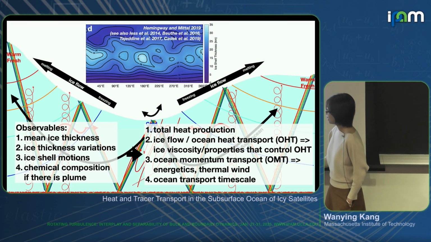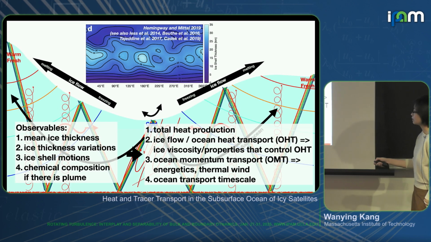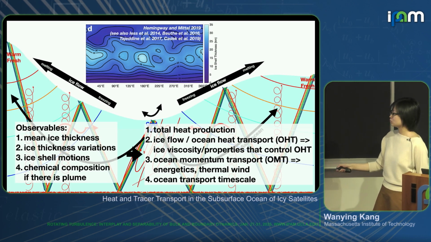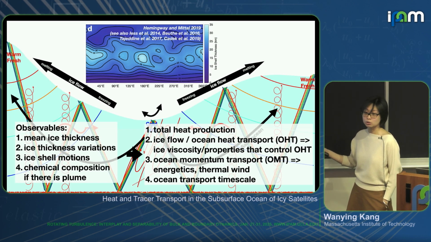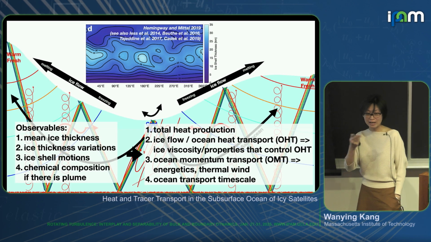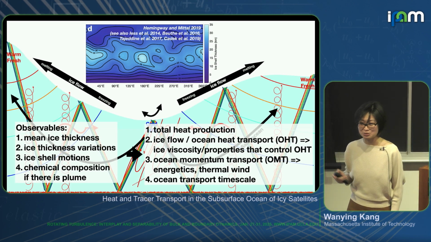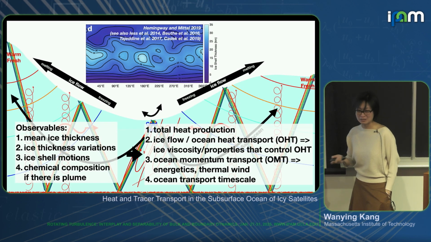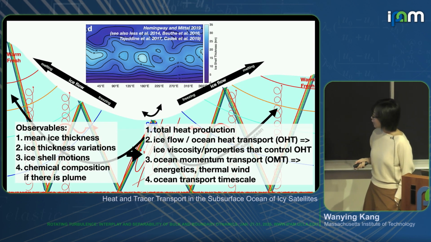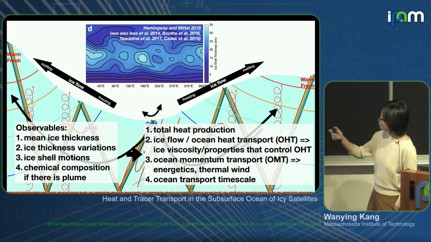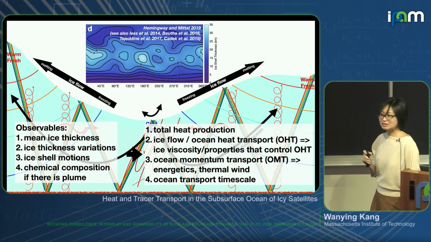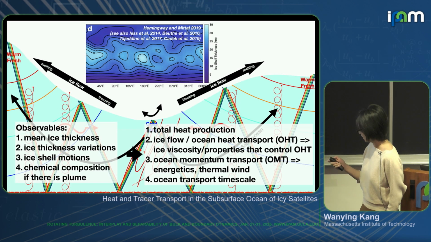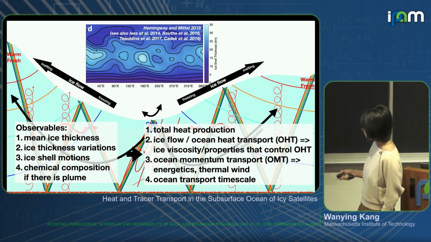Okay, and finally we have the chemical composition, and as I just said, it will turn into some constraints on the ocean transport timescale. But we have to rely on colleagues in chemistry to do that conversion for us, because I don't know anything about it. Usually I would mainly focus on the ice sheets, but this time I'm going to switch a little bit. I'm going to focus on the last one, which is the chemical composition.